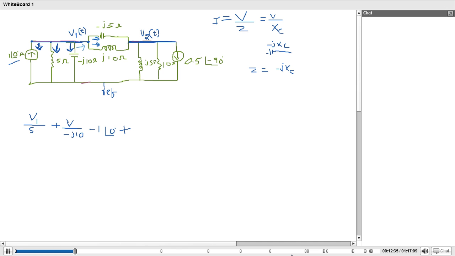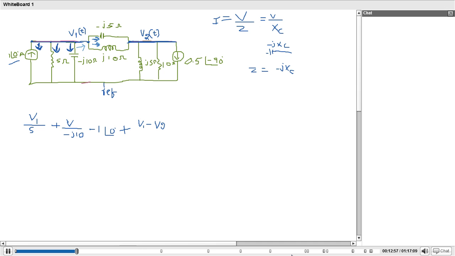Current flowing through minus j5 is going to be V1 of t divided by negative j5. No. Since the other end of the capacitor is connected to the node V2, here I have to write the potential difference. So V1 minus V2, nodal analysis, you revise.